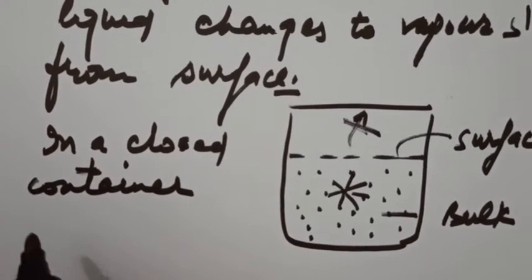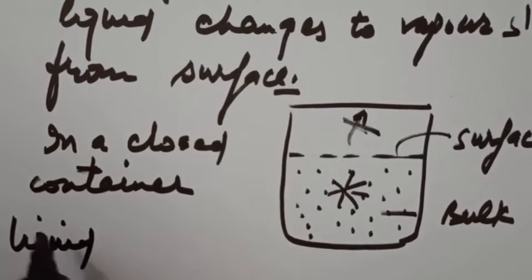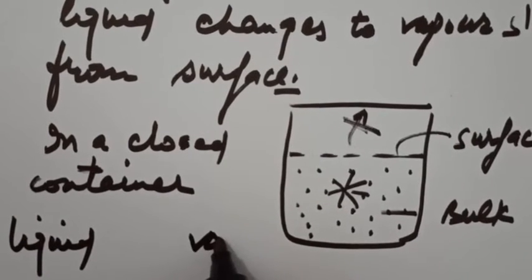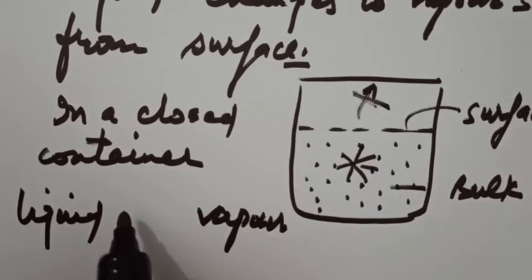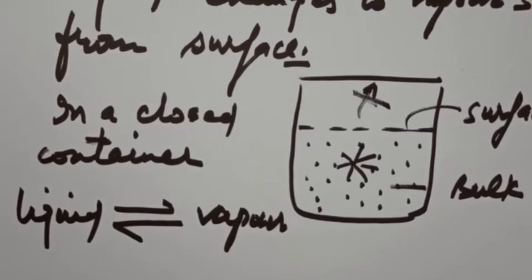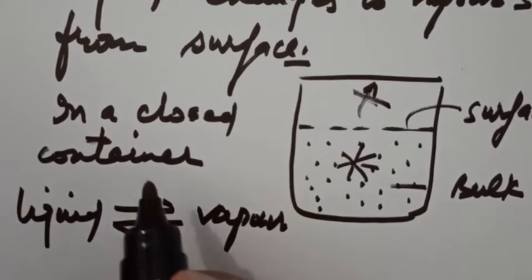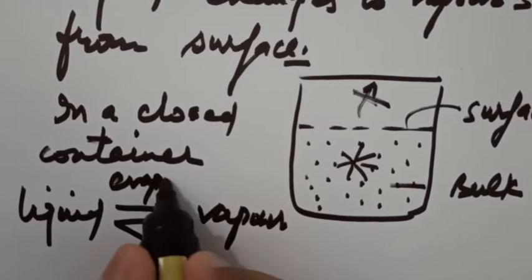So in a closed container we can say that the liquid and the vapor are always present in equilibrium with each other. When the liquid changes into vapors, it is known as evaporation.